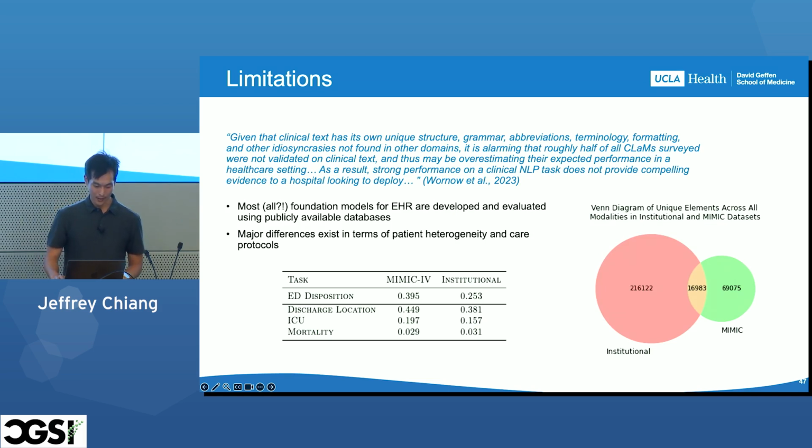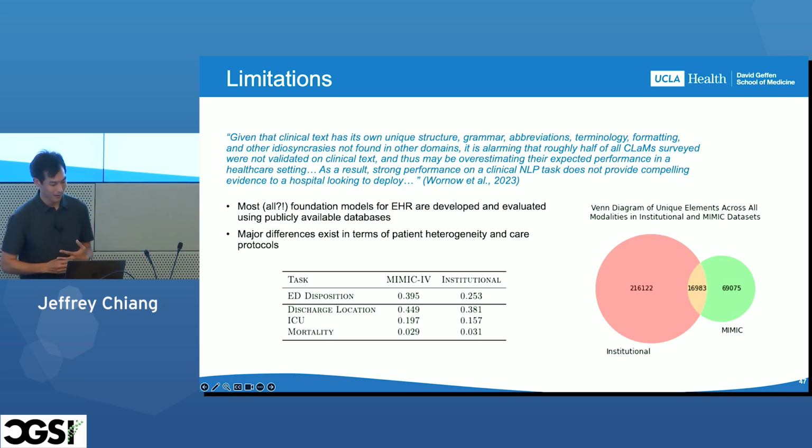I did want to just highlight this quote that this review stated, that it's alarming that a lot of these clinical text models also were not validated on clinically relevant tasks, rather just on general clinical summarization problems, that type of thing.